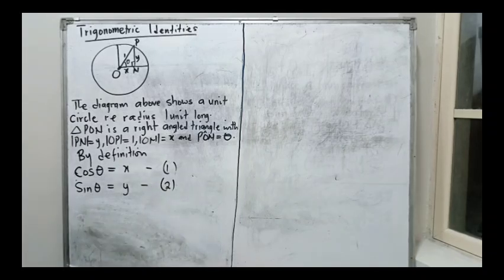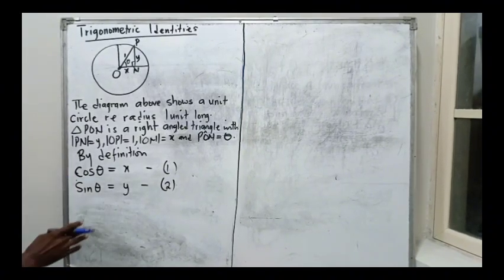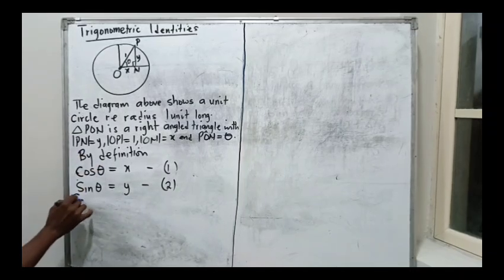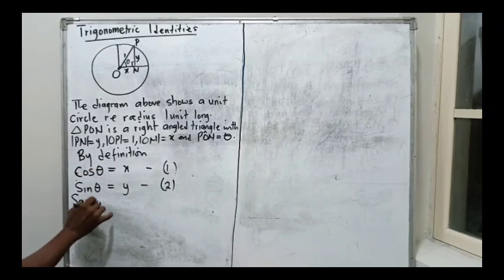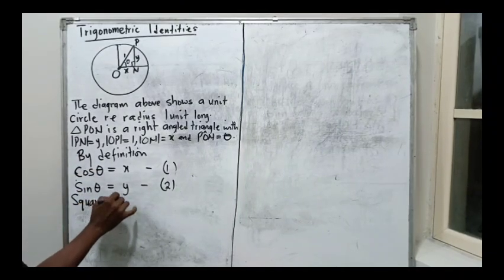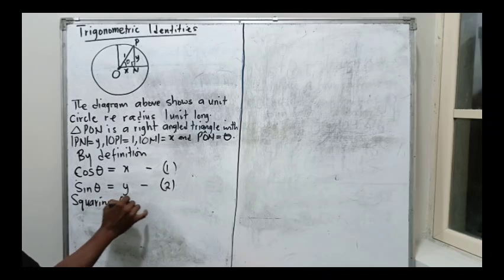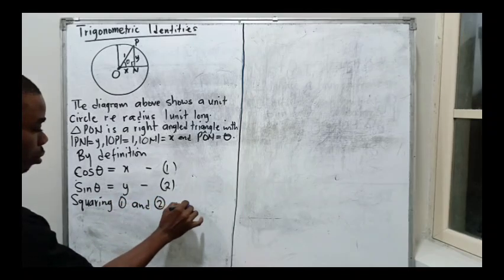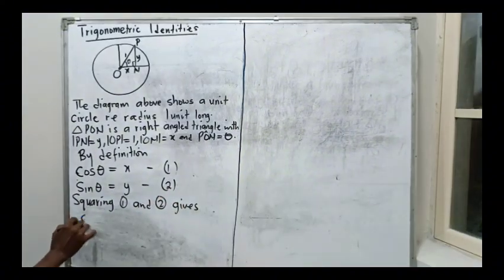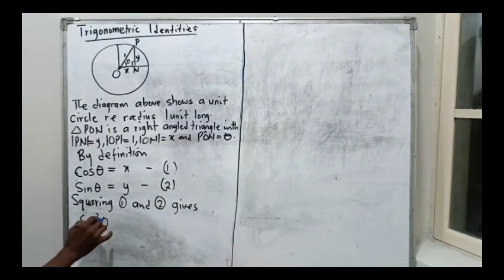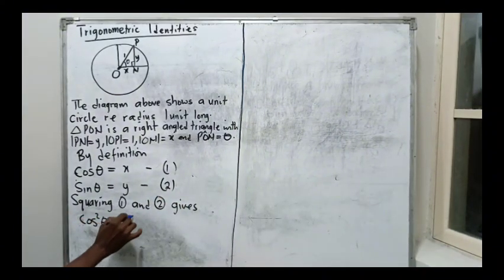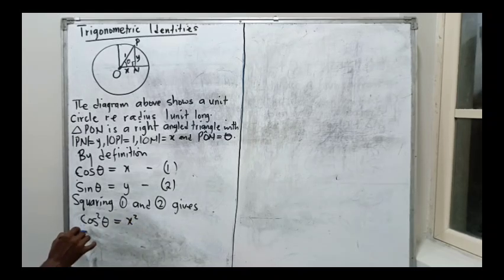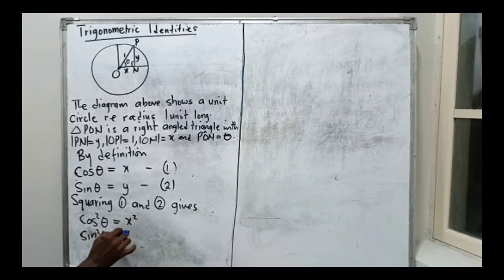Now when we square both equation 1 and equation 2, you square the left hand side, you also square the right hand side. So squaring equations 1 and 2 will give cos squared theta is equal to x squared, and sin squared theta is equal to y squared.